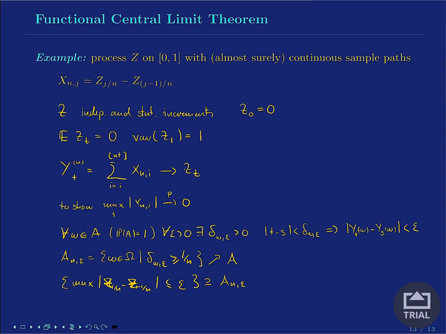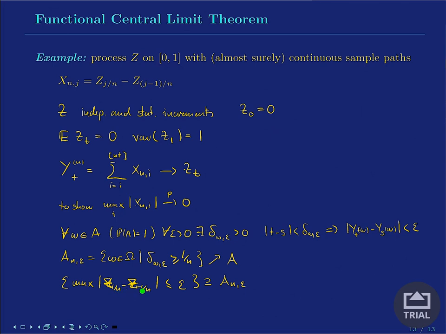This means here in this set we require that the function values of the process for any two time points that are less than 1 over n away are smaller than epsilon.